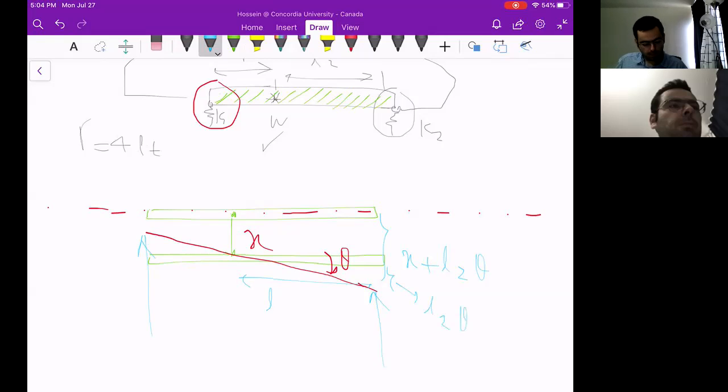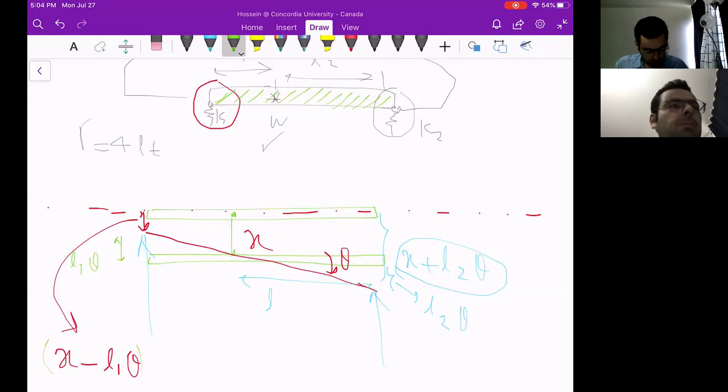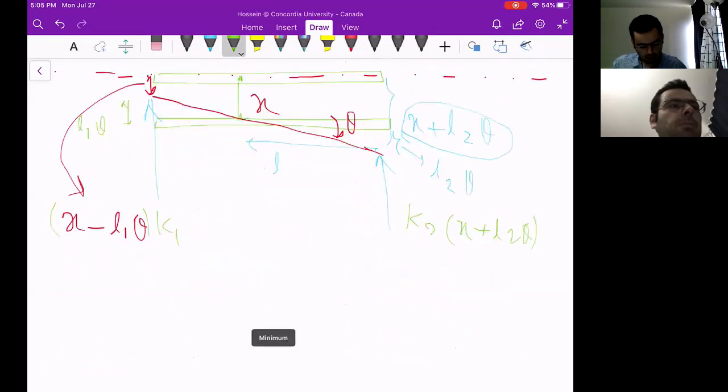The total deformation applied to the left spring is X minus L1 theta, because this length is L1 theta, and this gives the spring force for the left spring, K1 times X minus L1 theta, and the spring force for the right spring is K2 times X plus L2 theta. Therefore, you could easily apply Newton's second law.